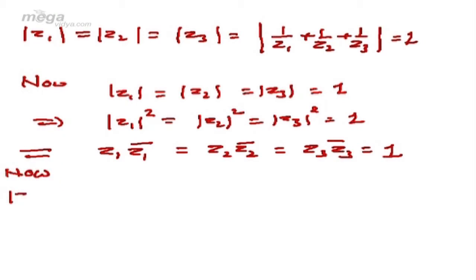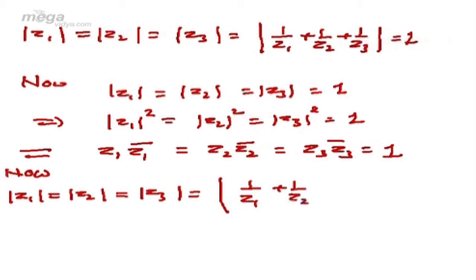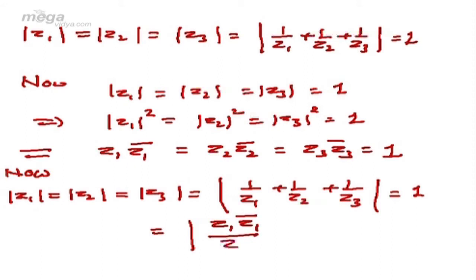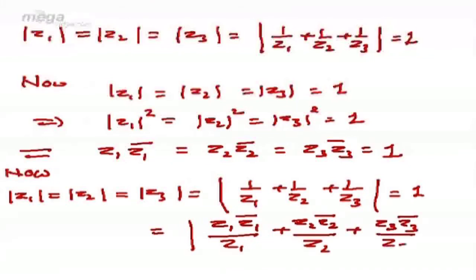Now mod of z1 is equal to mod of z2 is equal to mod of z3 is equal to mod of (1 by z1 plus 1 by z2 plus 1 by z3) is equal to 1. If we put z1 bar in place of 1, this will become z1 bar upon z1. In the second term, we put z2 bar in place of 1, and z3 bar in place of 1.